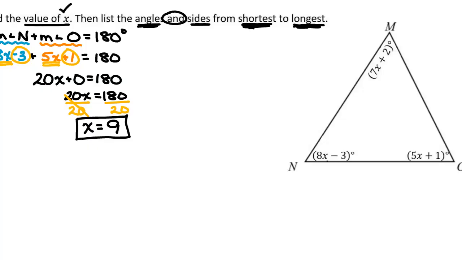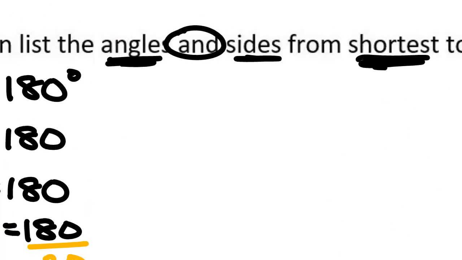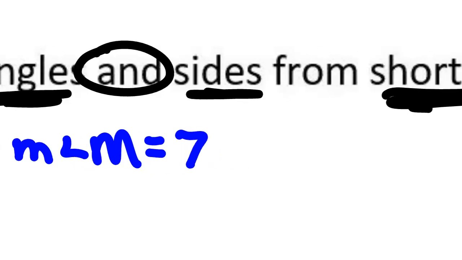Well, if I'm going to put the angles in order from smallest to biggest, I need to know how big the angles are. So what can I do to find that? Yes, so let's substitute in. Let's do angle M first. The measurement of angle M is equal to 7x plus 2.